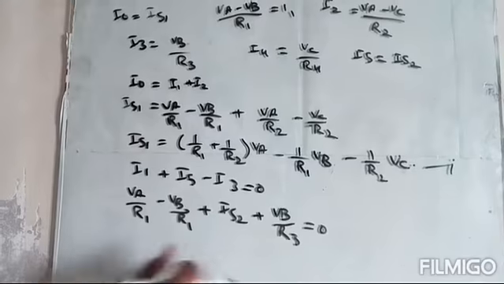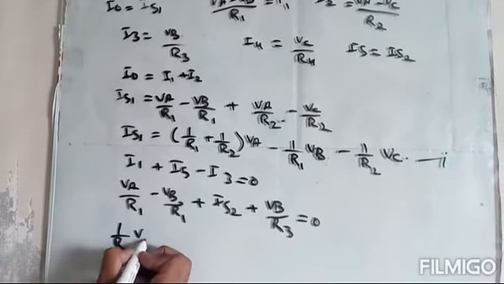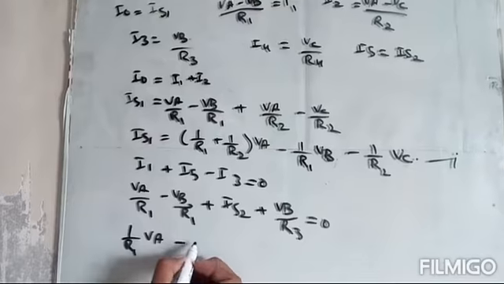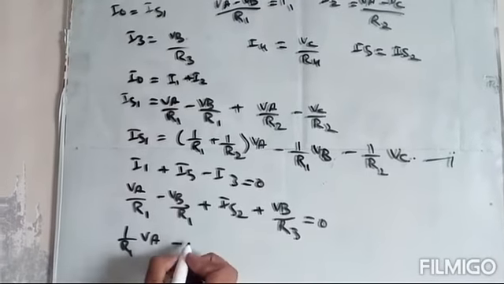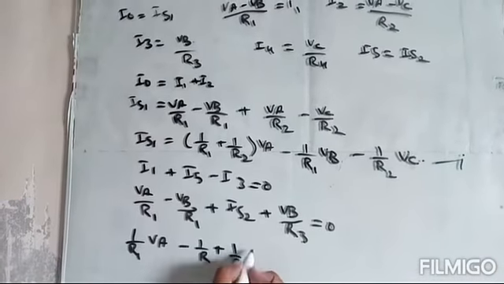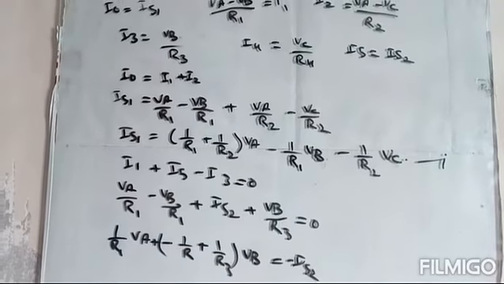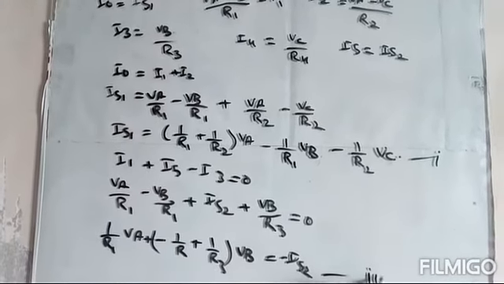We will combine the same voltage terms: 1 over R1 into VA, minus (1 over R1 plus 1 over R3) into VB, is equal to negative IS2.